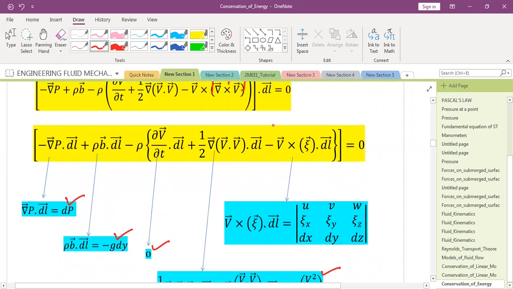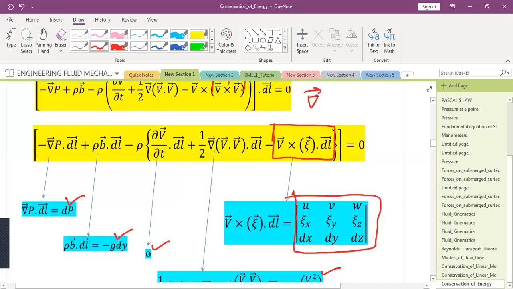And I have written down this in a matrix form. If you remember, what is del cross zeta should be equal to what? Zeta is some vector.